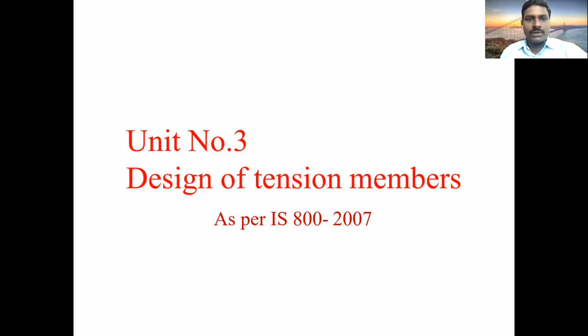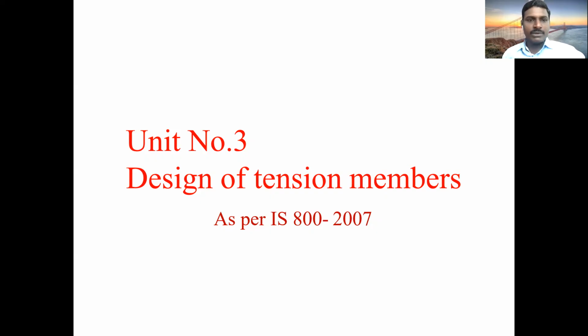Okay, so up to the last lecture, we have covered part of unit number 2, and we have finished unit number 2, that is the connections. Under the connections, we have covered bolted connection and welded connection.